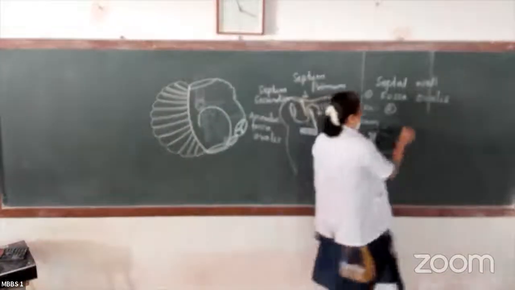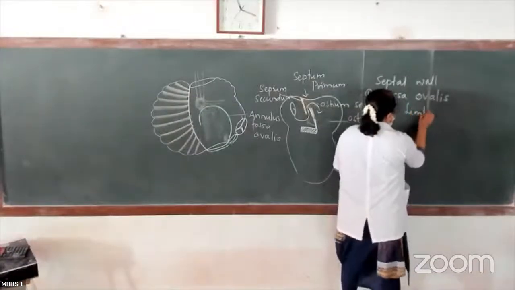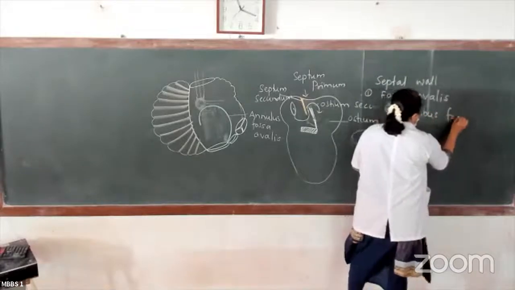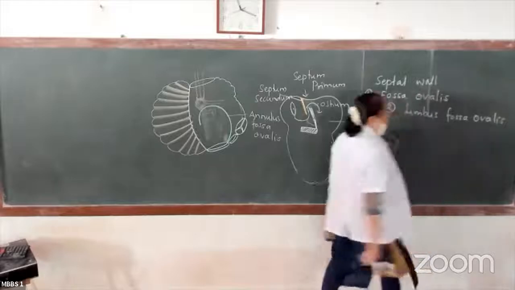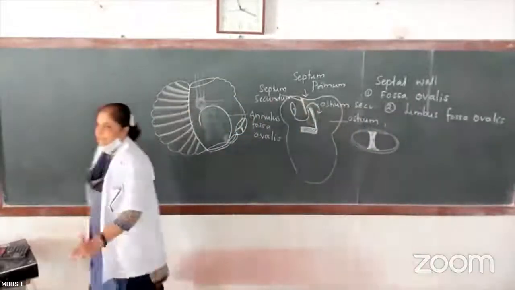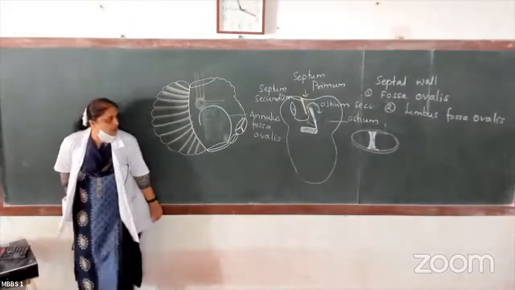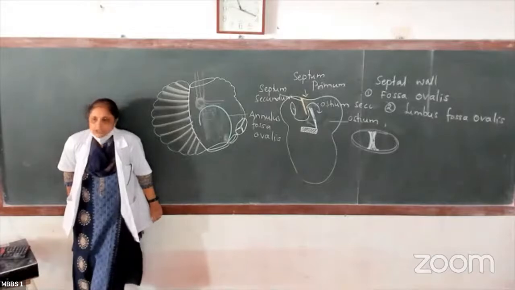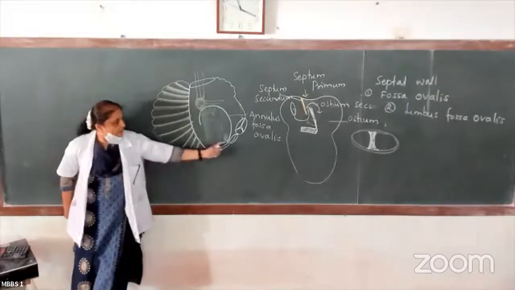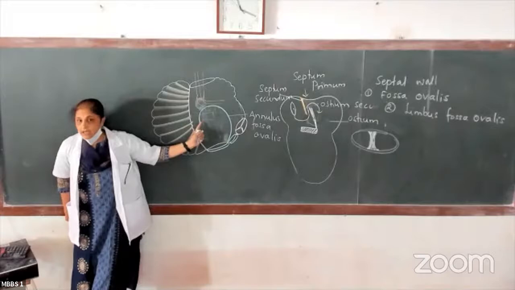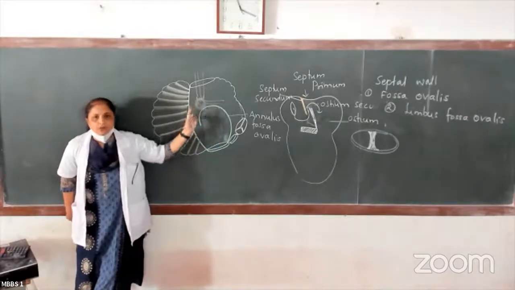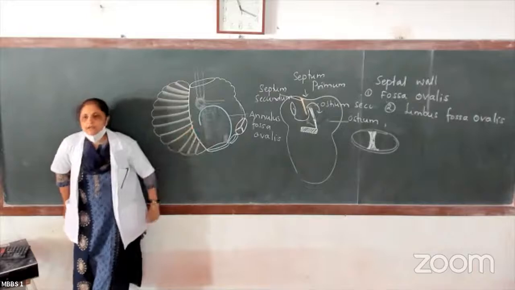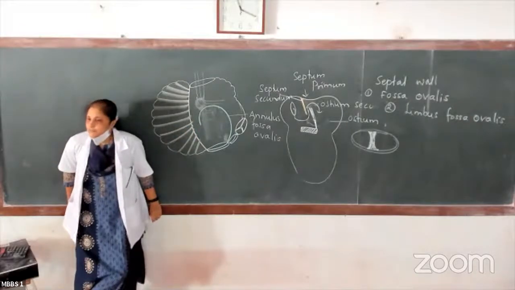The second part is called the limbus fossa ovalis, or it is also called the annulus fossa ovalis. It is a semilunar margin surrounding the foramen ovale in the embryological age, while it forms the margin of the fossa ovalis in the adult heart, which has an anterior wall, superior wall, and posterior wall. It is surrounding that, and it is a remnant of the septum secundum.